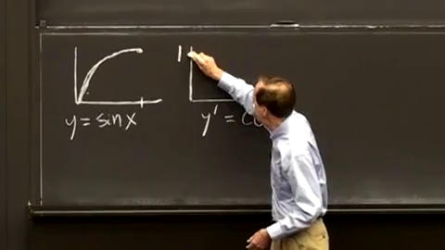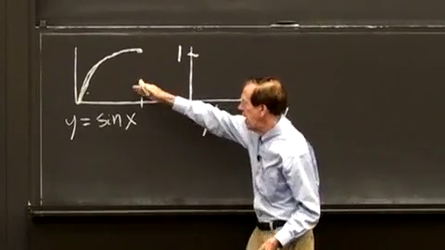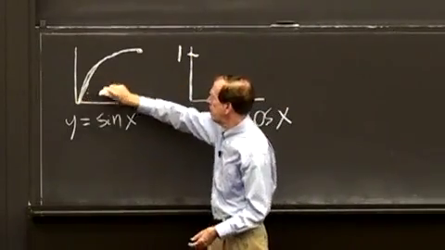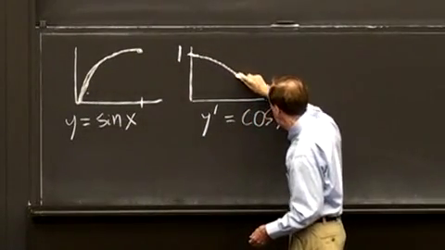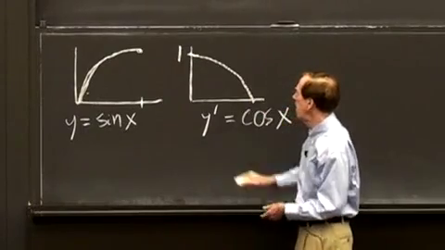The cosine is the slope of the sine curve, and it starts at 1, a slope of 1, and it comes down to 0, as we know the cosine does.